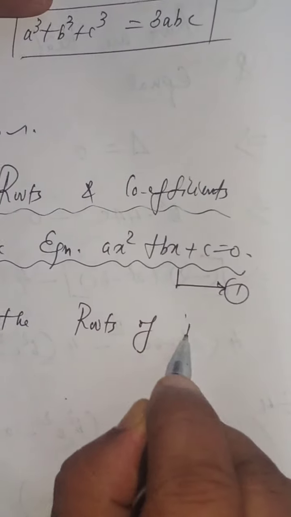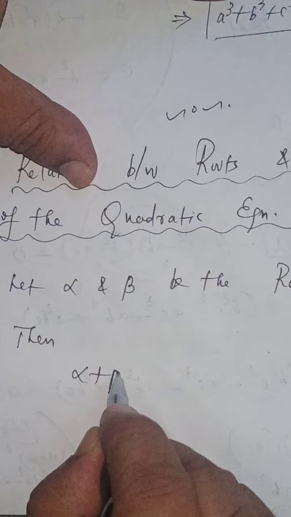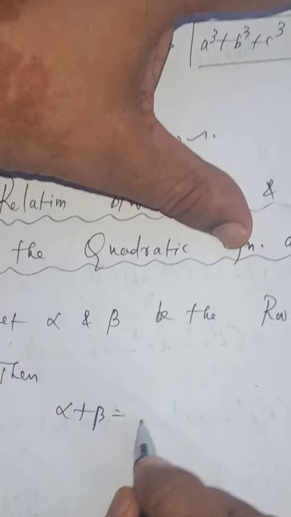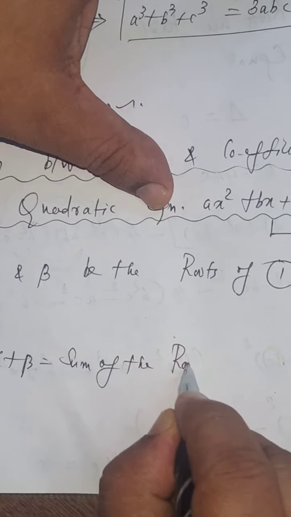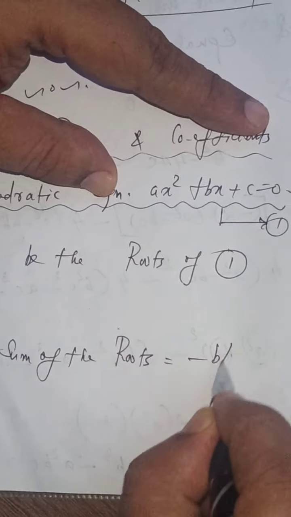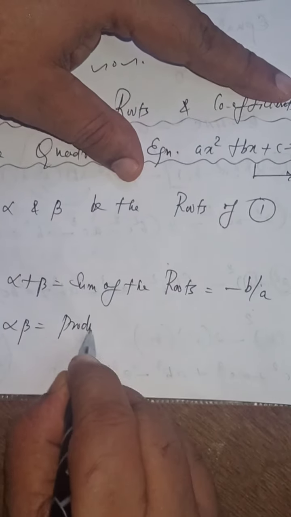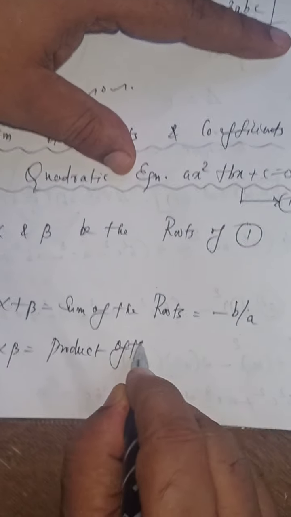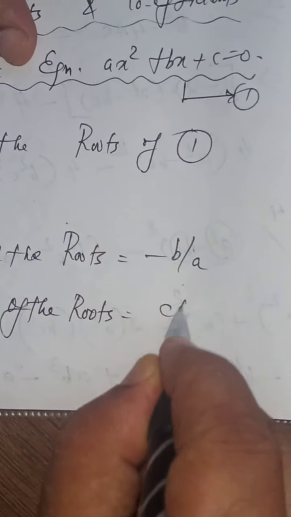Then alpha plus beta, that is called sum of the roots, is equal to minus b by a. Alpha beta means product of the roots, that is equal to c by a.